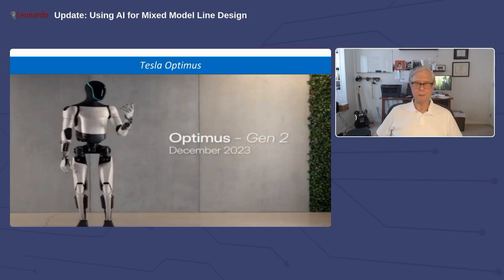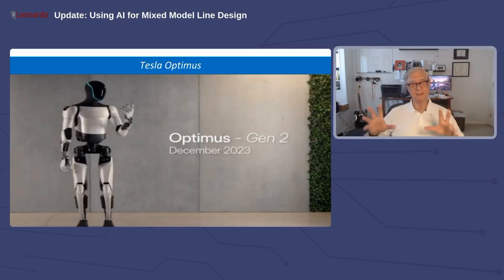Why wouldn't you want to have a helper around the house? As long as it does actually help. So what he said was, this could be many times, orders of magnitude, bigger deal than electric vehicles. So we shall see.